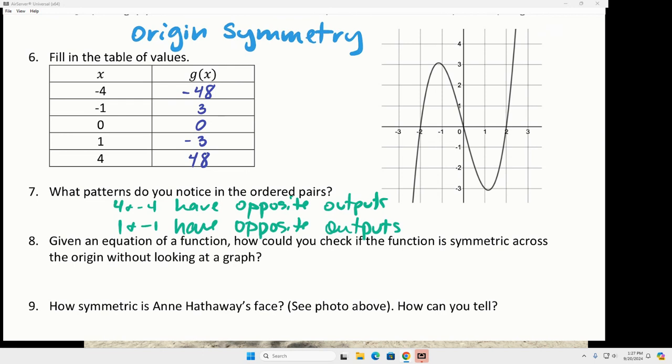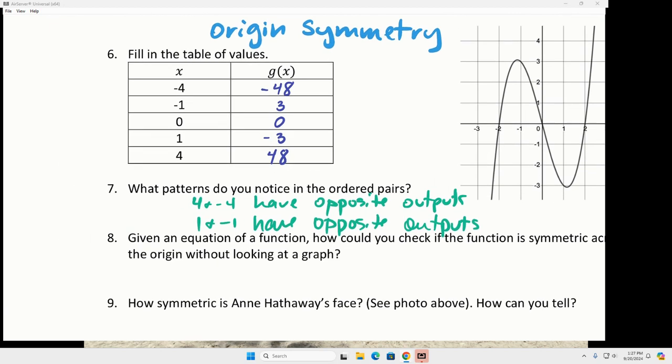Right, so some notation we use to show that, this would be like g of -x is going to be the opposite of g of x. That's how you can write that using algebraic notation.